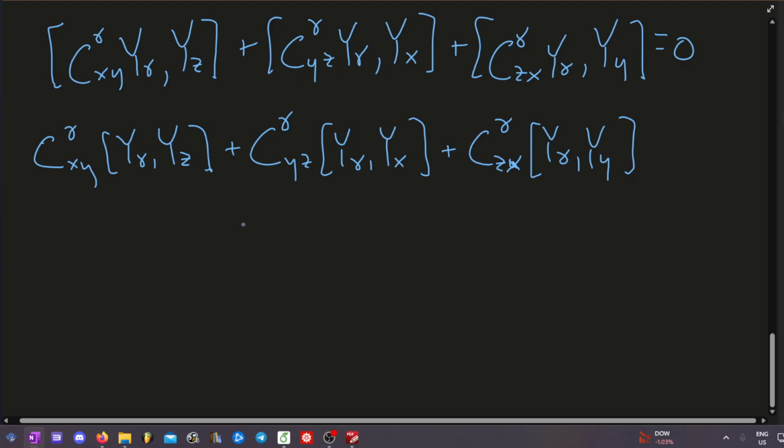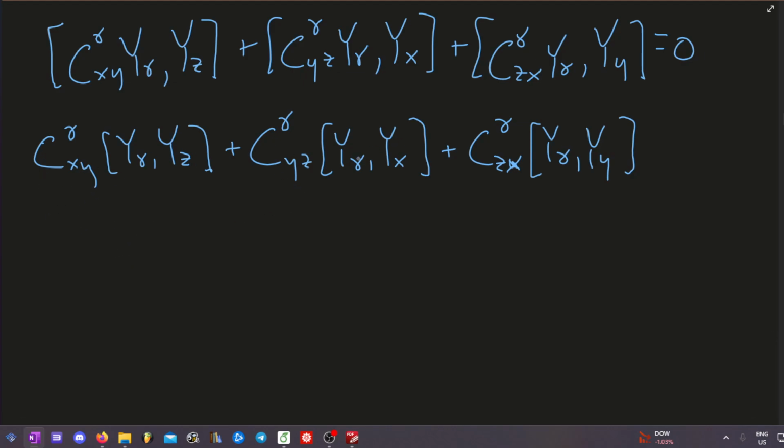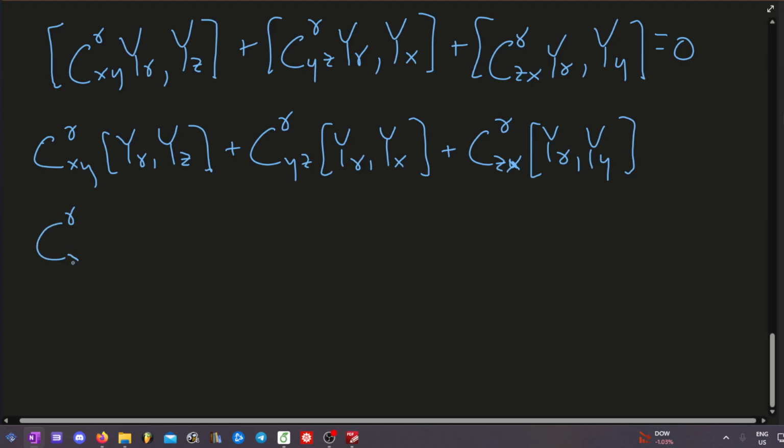Okay, and now we can use that same relation from the problem once more. So we're going to turn all these commutators into C's with y's as well. So that's going to look like this: C gamma xy times now C gamma z sigma, y sigma, plus C gamma yz.